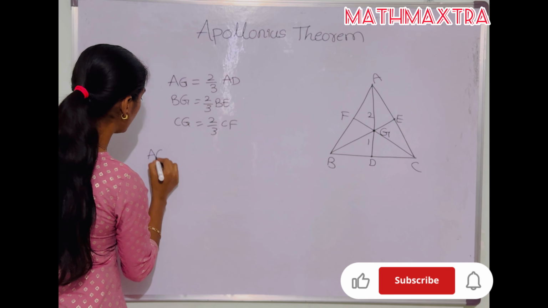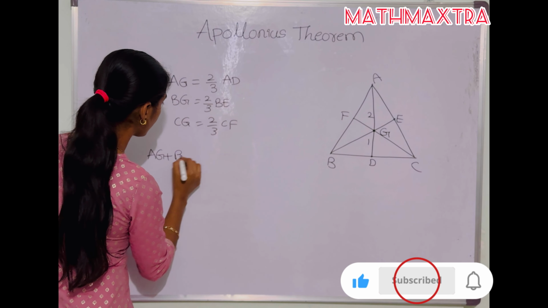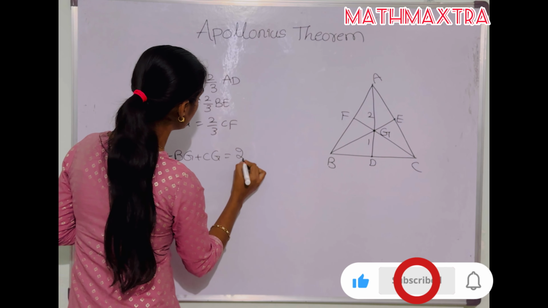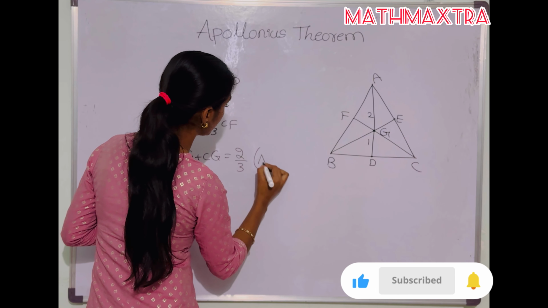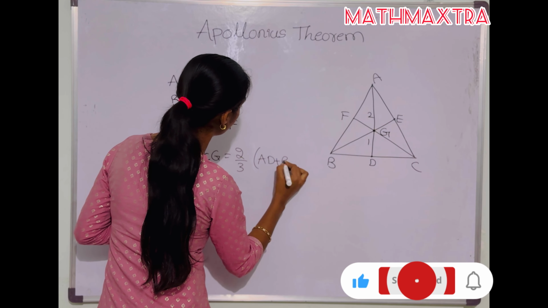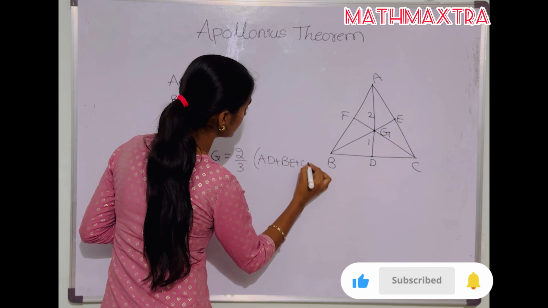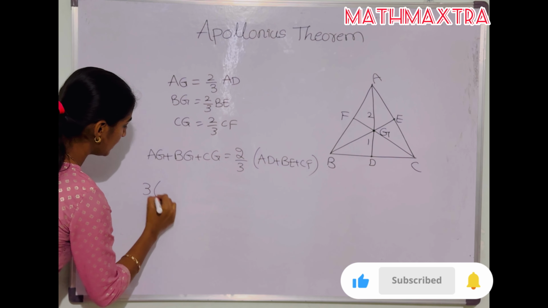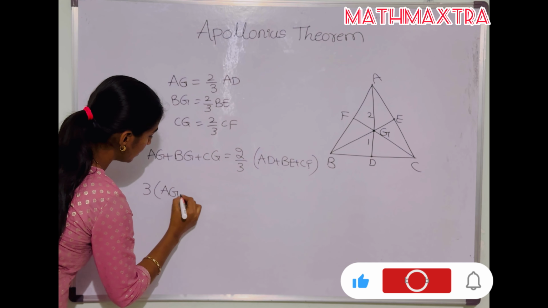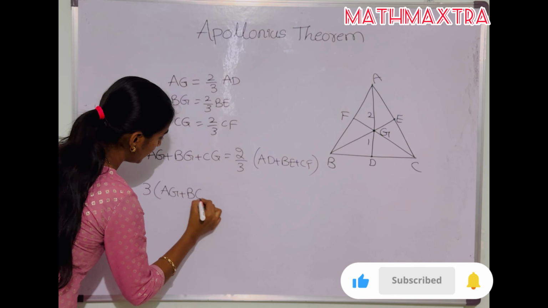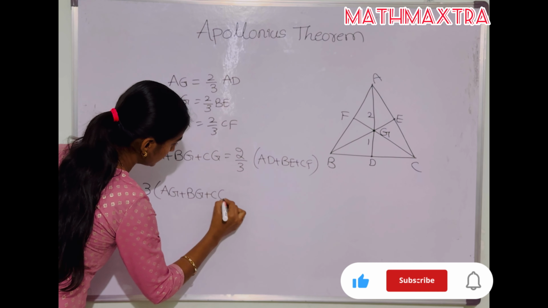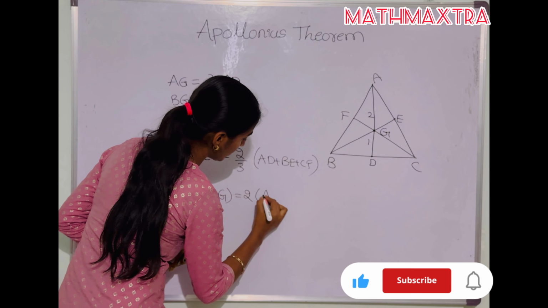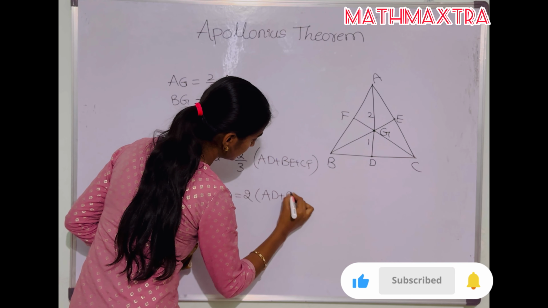So AG plus BG plus CG is equal to 2/3 of AD plus BE plus CF, right? So from this, what can we write? 3 times the sum of the parts of the medians is equal to twice the sum of the medians.